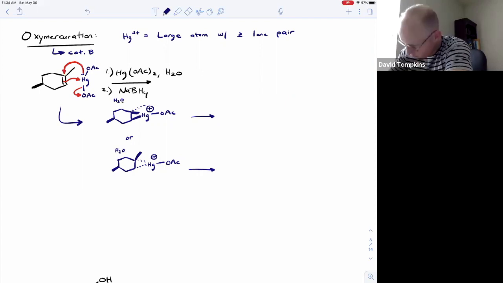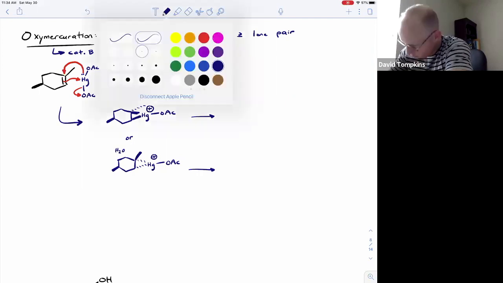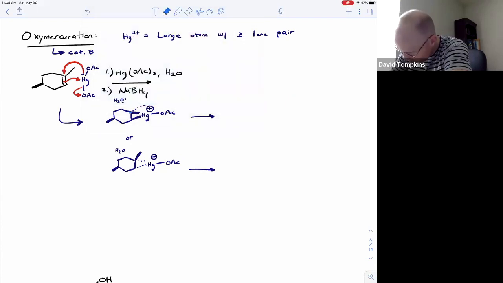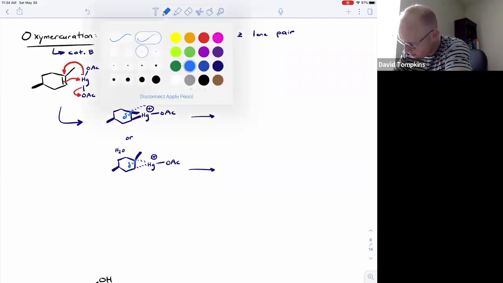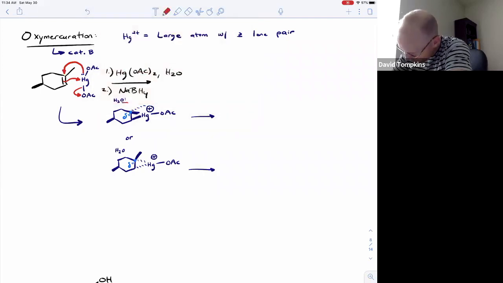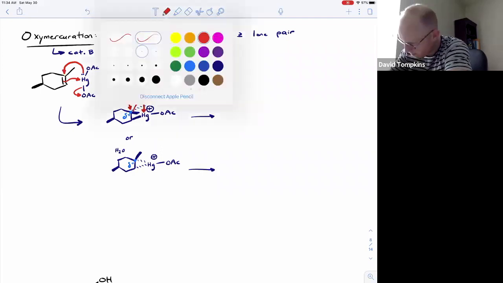And the water is going to attack the carbon of the bridge that is more electrophilic. Just like any other bridge intermediate, there's more positive charge at this tertiary carbon than there is at the secondary carbon. So water is going to attack and break the bridge, or give a lone pair back to mercury.